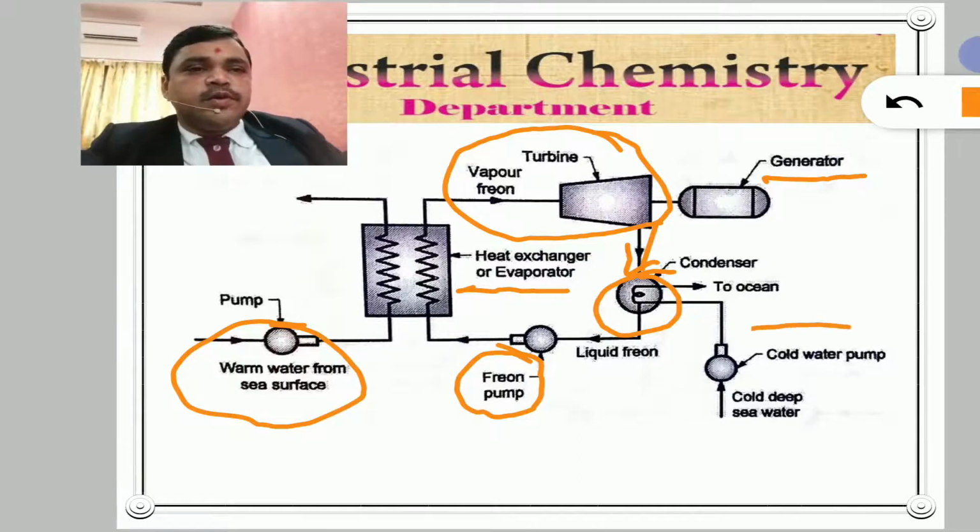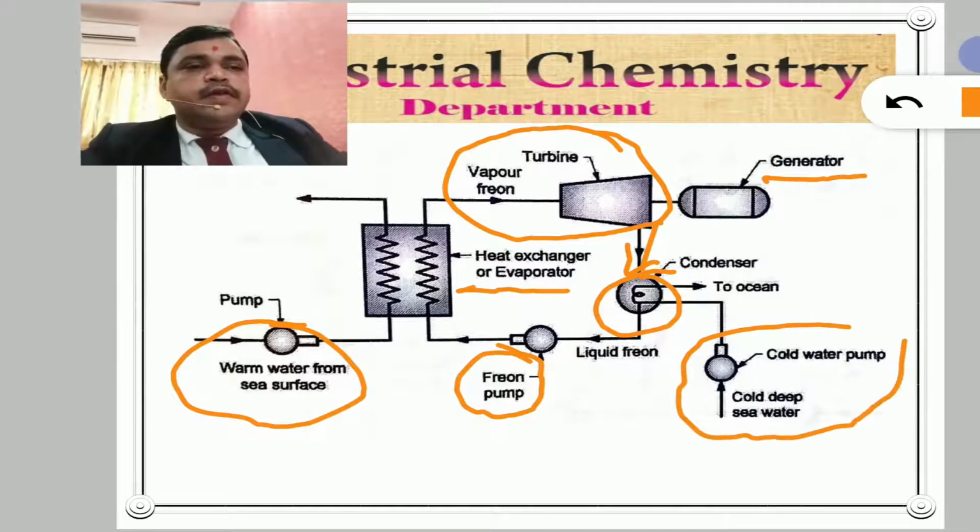Now the low energy freon vapor is then passed into the condenser, and for this condensation process cold water from the deep ocean is used for this low energy freon vapor.